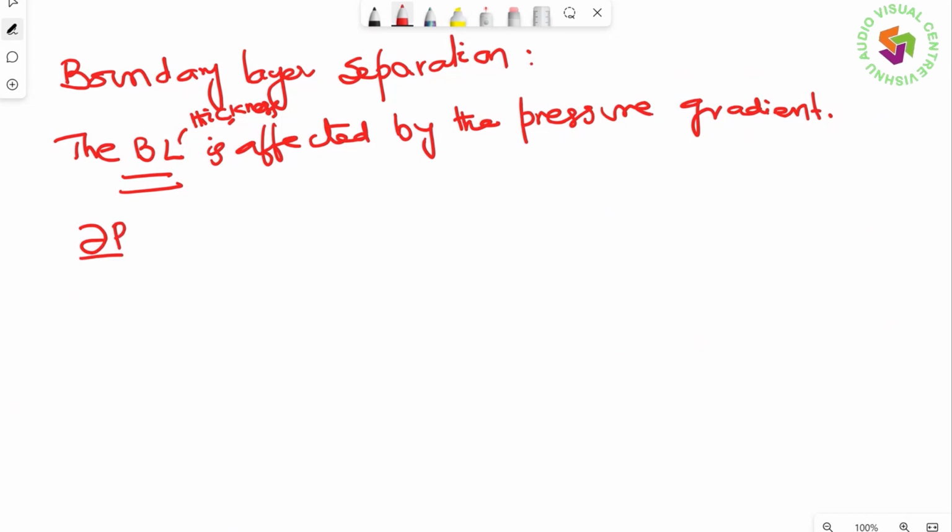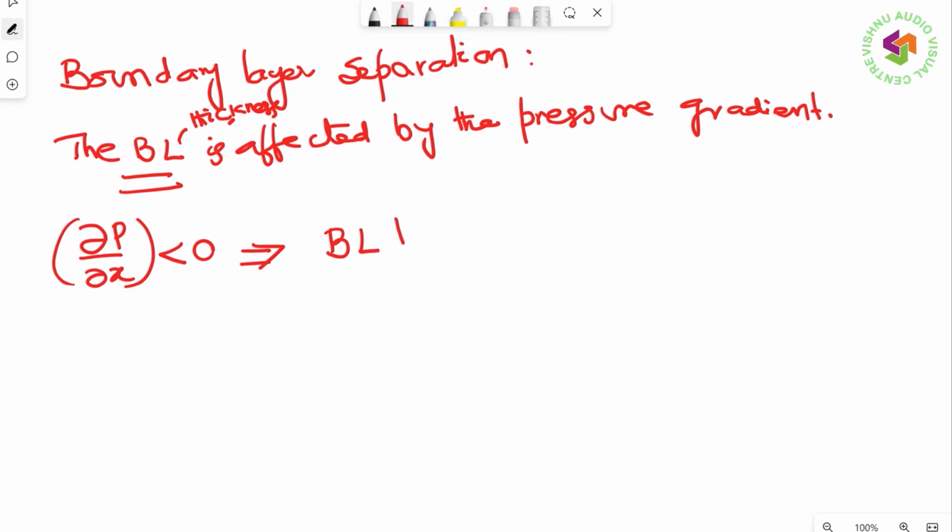Suppose the pressure gradient is negative, then what happens? Pressure is decreasing, which means velocity is increasing. When velocity is increasing, the boundary layer thickness decreases.